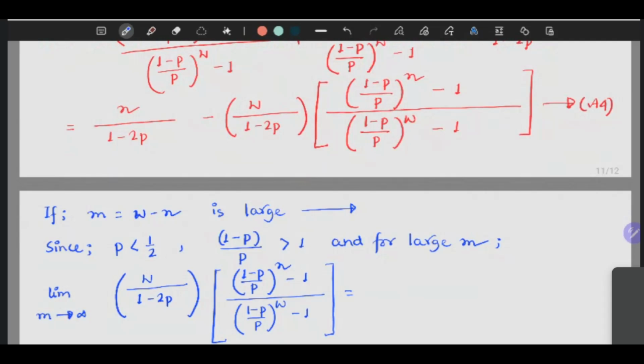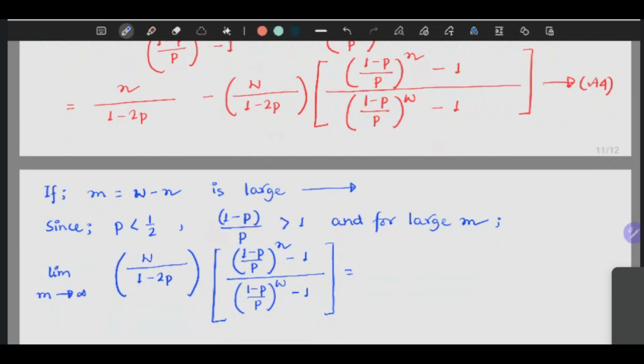So for this case you can then write that means for large m, in the limit m tends to infinity, w by 1 minus 2p times 1 minus p by p to the power minus m equals 0.